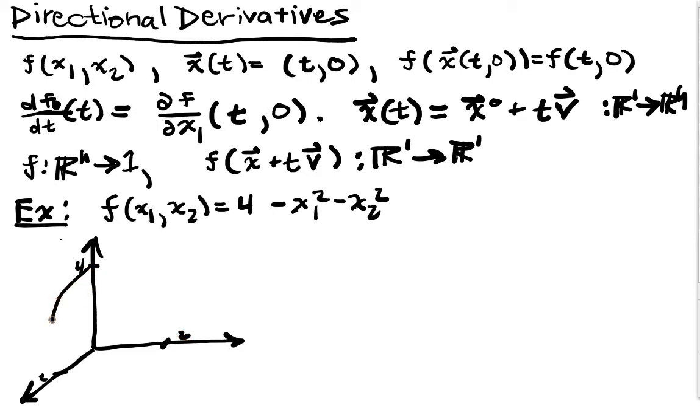And of course this function is the parabolic hill that we've been looking at. This is a nice simple function, which is why I keep bringing it up, and it really illustrates a lot of the underlying behavior here. And we're going to be interested in the point (1, 1). Right there, that's my point.